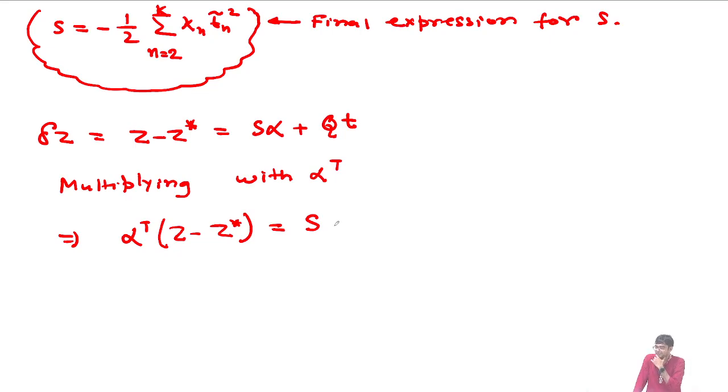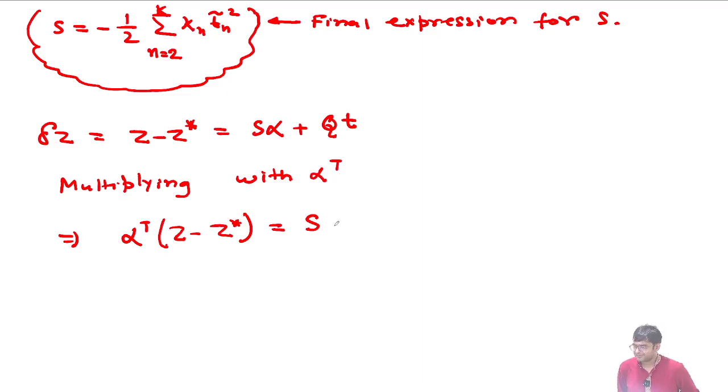I'll give you an easier one. Suppose I have a vector. That's a different thing, forget about z star. I'm asking what is alpha transpose z? It's very simple. Yes, correct. It's a projection onto alpha.